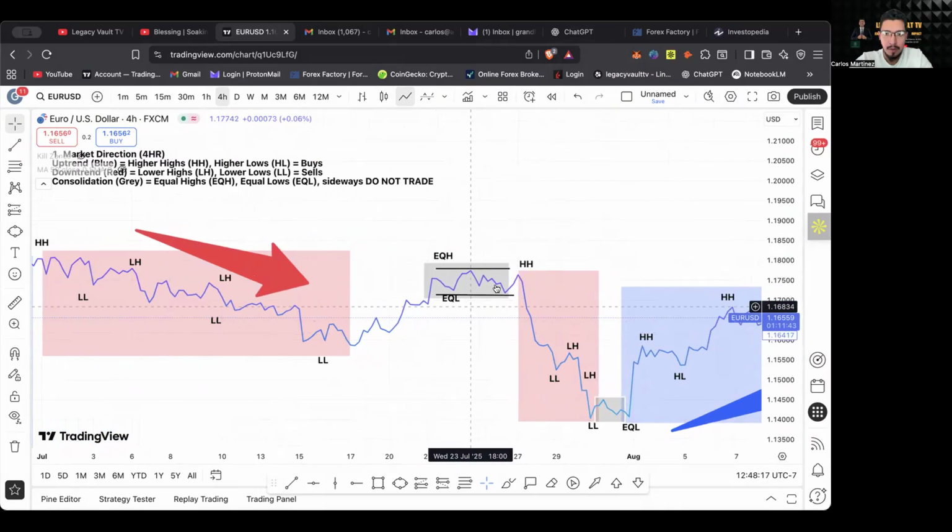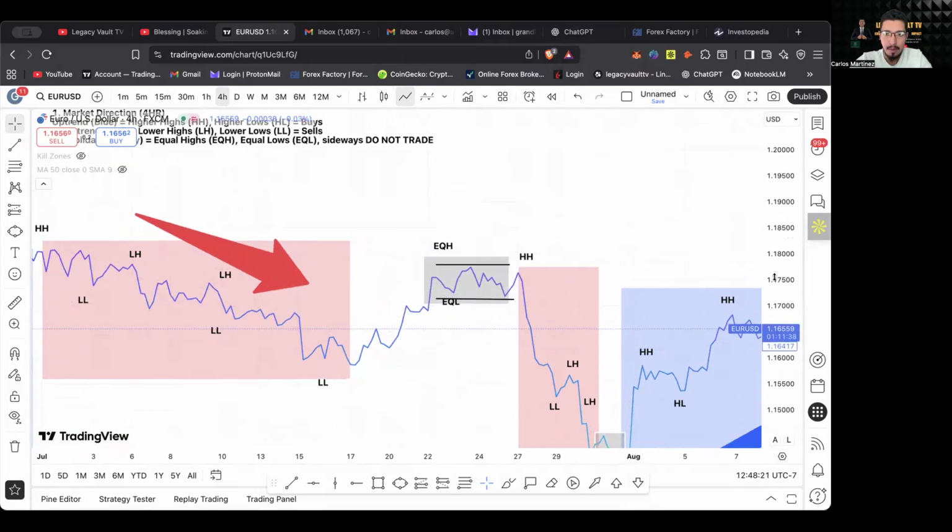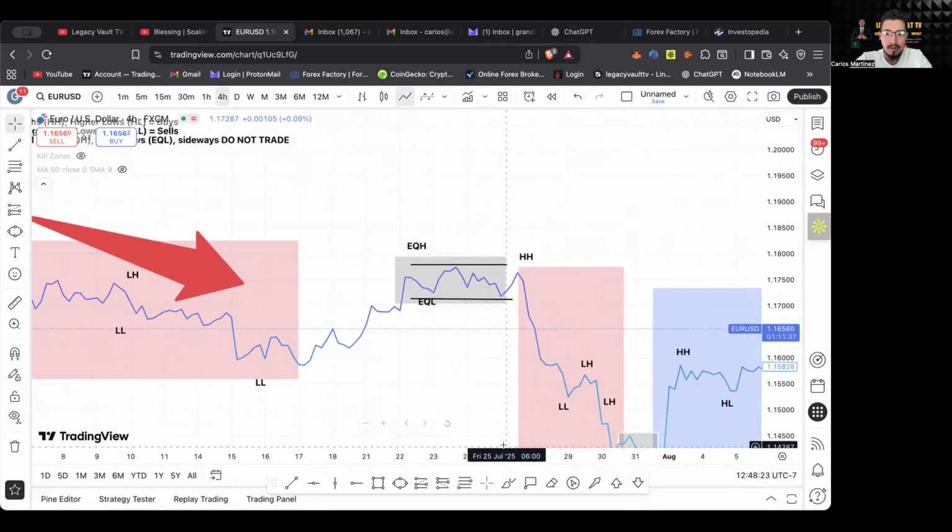During the consolidation phase here in the gray, you're seeing equal highs and equal lows. When you see equal highs and equal lows, it's a consolidation phase. Price keeps rejecting at the same top level, and price keeps bouncing from the same bottom level on equal lows.